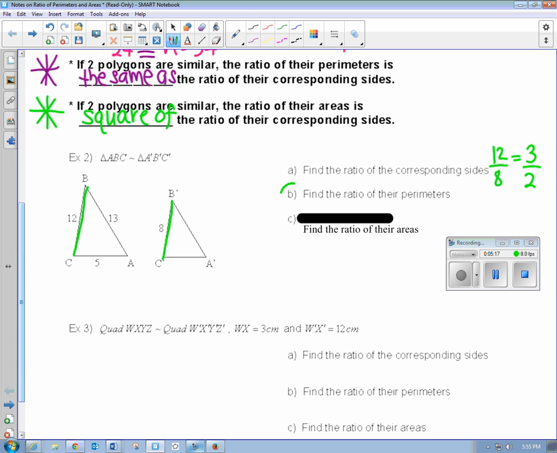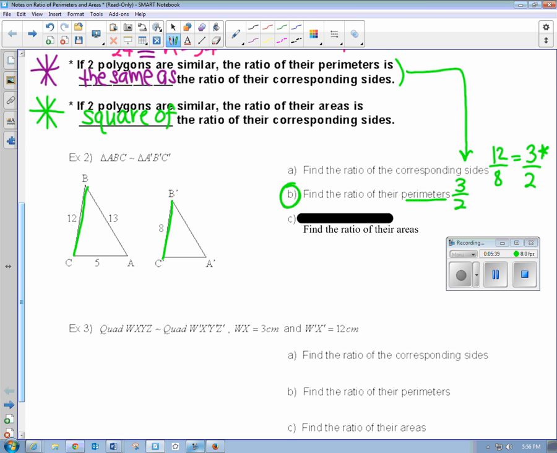When I get to part B, it says the ratio of the perimeters. It doesn't mean I have to go back and find the perimeter of all of them. Because I remember this rule from up here, if I know what the ratio of the sides is, which I just figured out, the ratio of the perimeters is exactly the same. And then for part C, find the ratio of the areas.